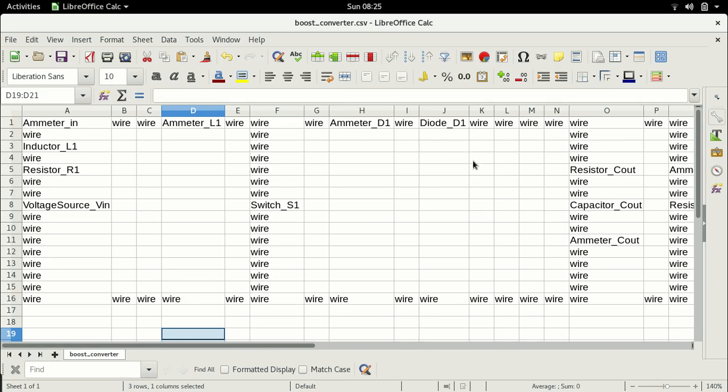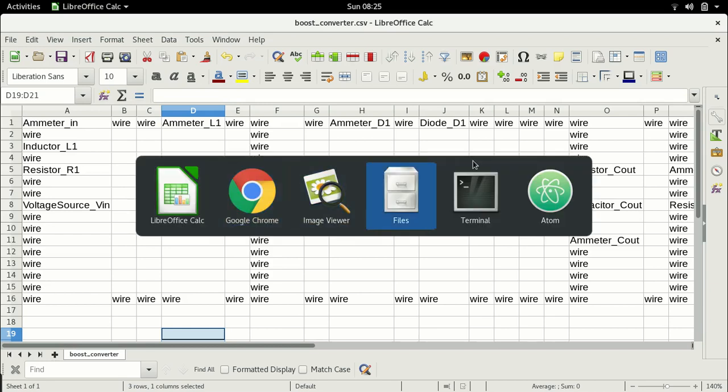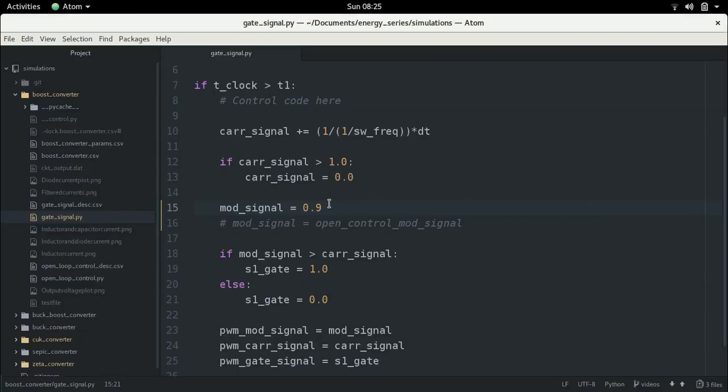So when you use a boost converter, we cannot just theoretically increase the duty ratio to anything we want, right? Theoretically, this is perfectly okay. 0.9 duty ratio is perfectly okay.